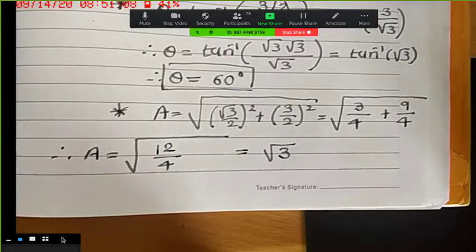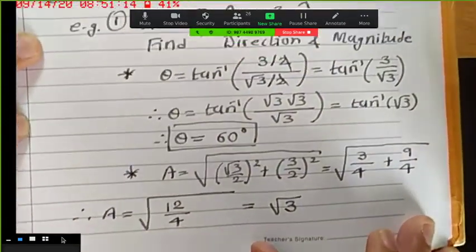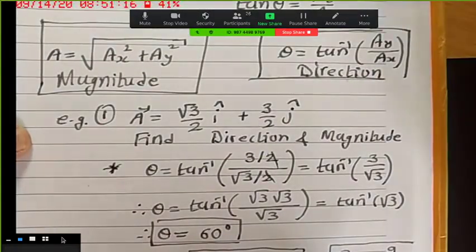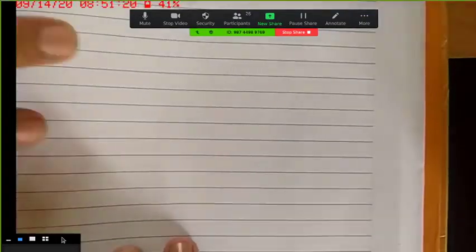Okay. So I'll be sending these pages in your homework. I'm giving one question which we'll be doing now.